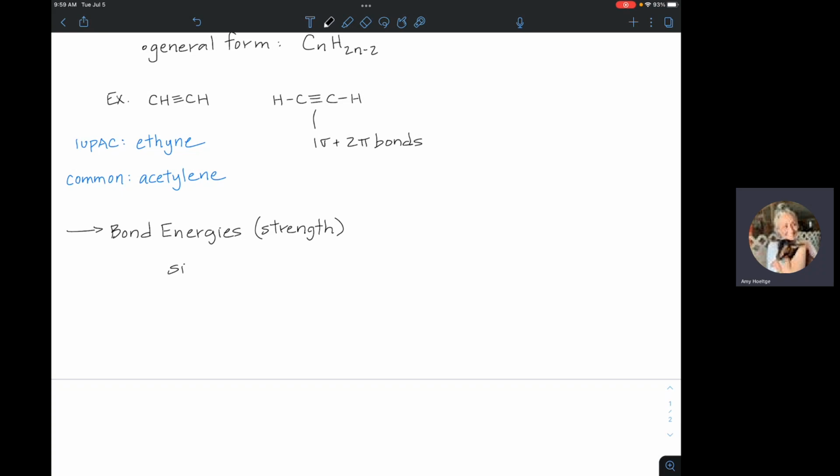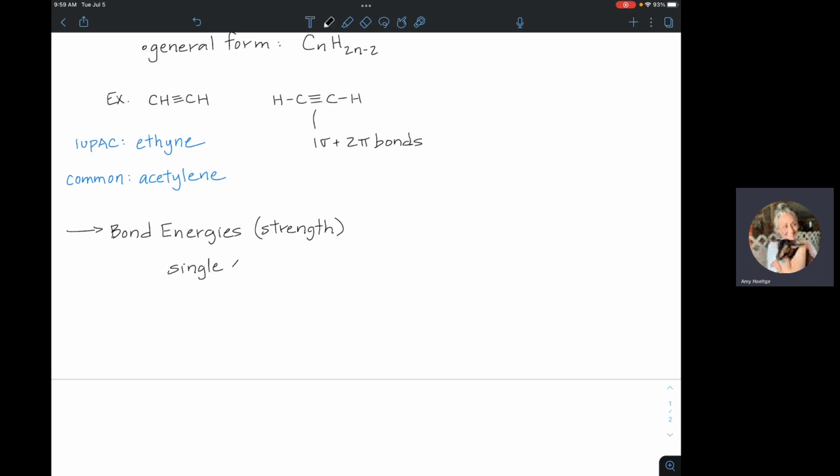We remember that the single bond is just a sigma bond, right?